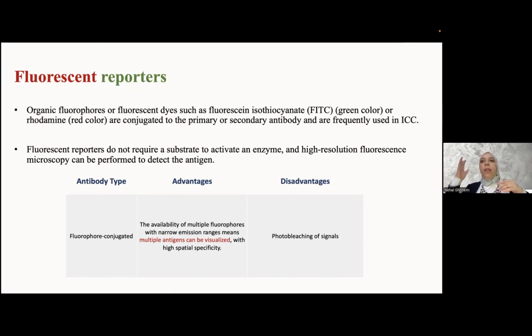Here a red color, for example, and here a green color, FITC.